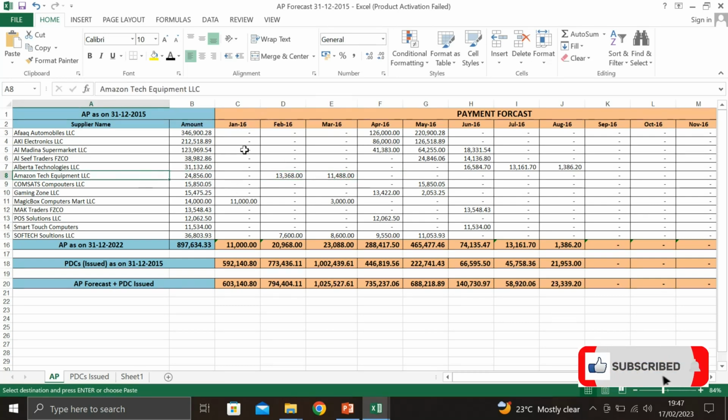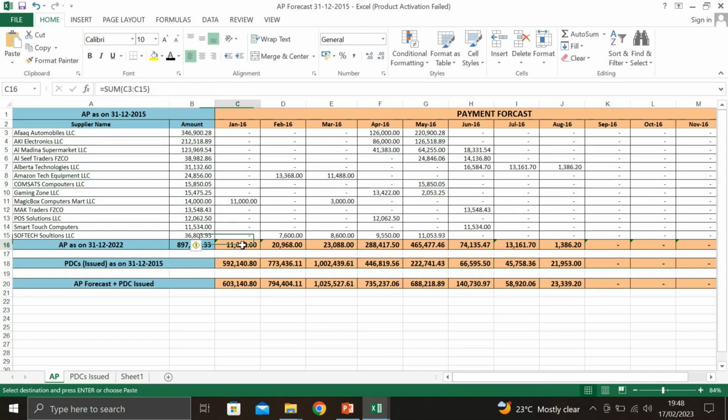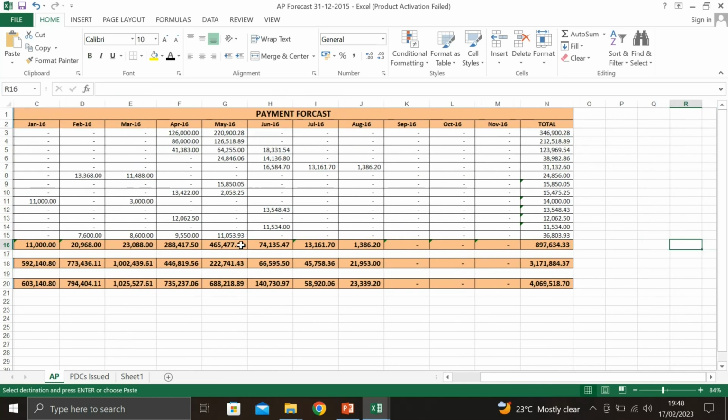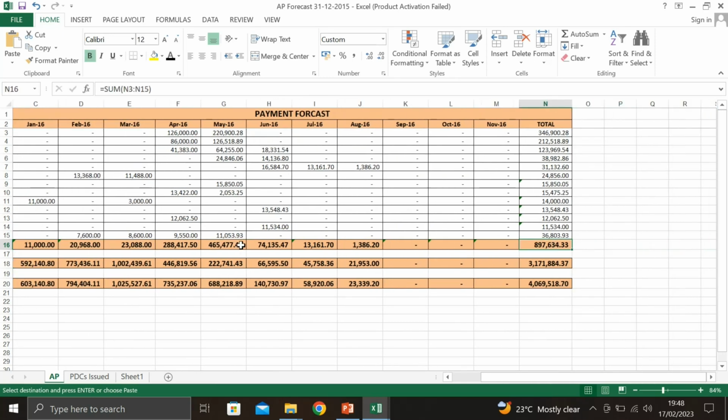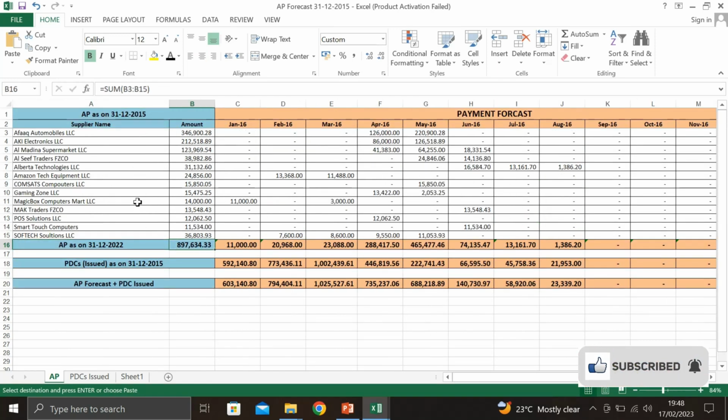So like this for each supplier you will make the forecast of how much you will pay as per the payment history. Then when you make this total forecast, you will match this figure: 897 is coming for the total forecast, and the same 897 we have in our trial balance.